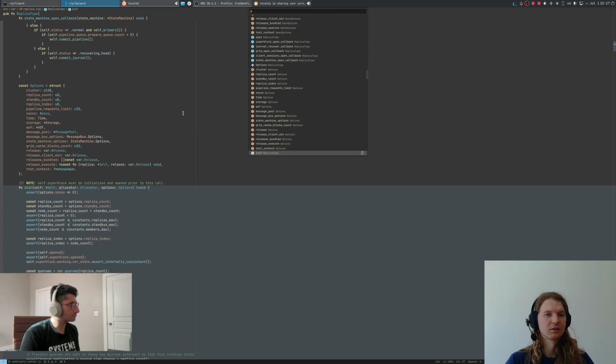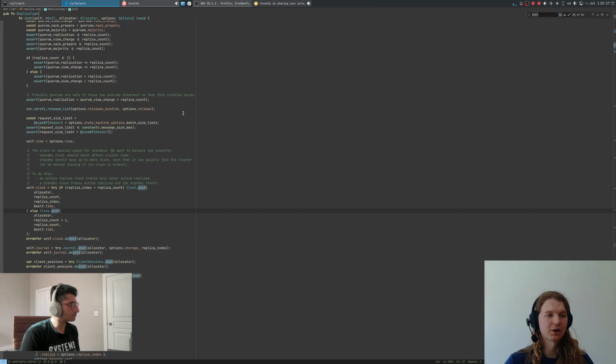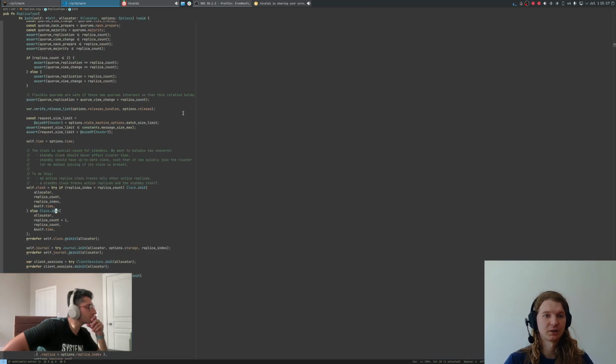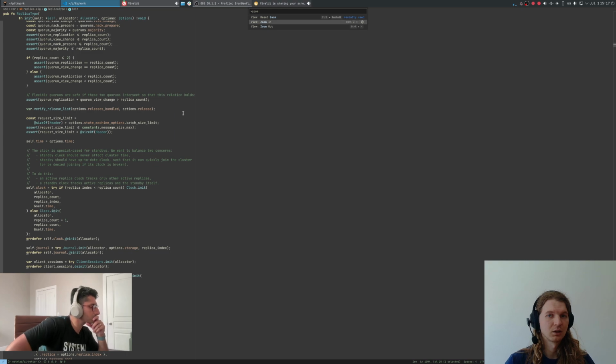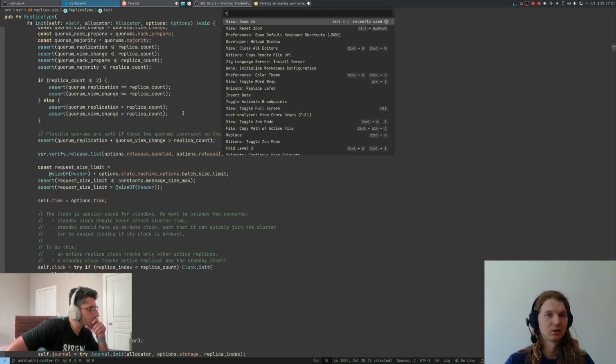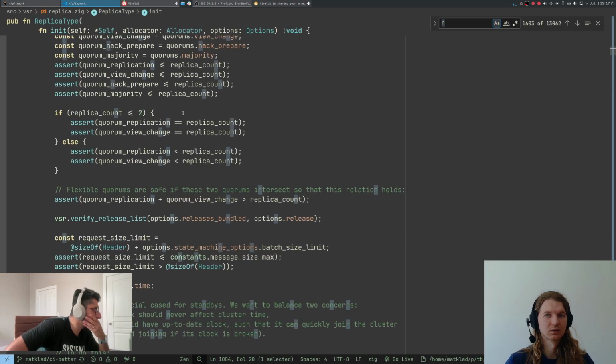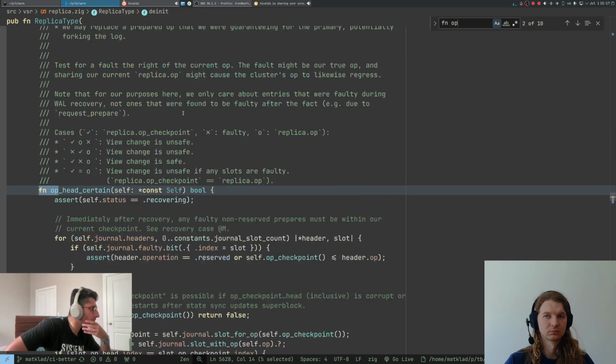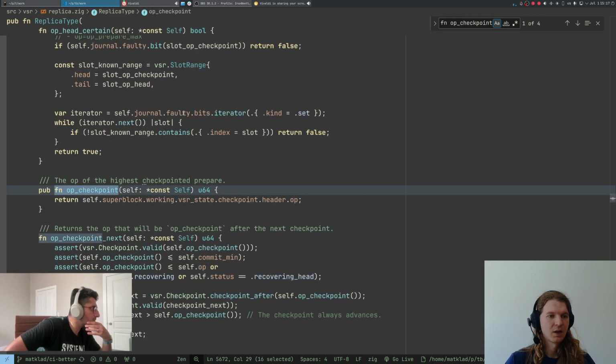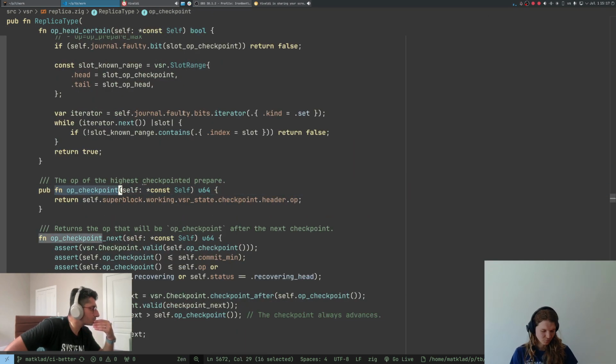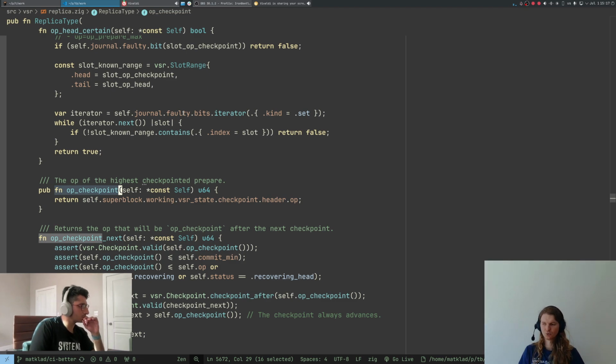And that is handled by two functions in replica. Let me zoom in quite a bit. There is op checkpoint, which tells you what is the latest op which is on disk, which is checkpointed.